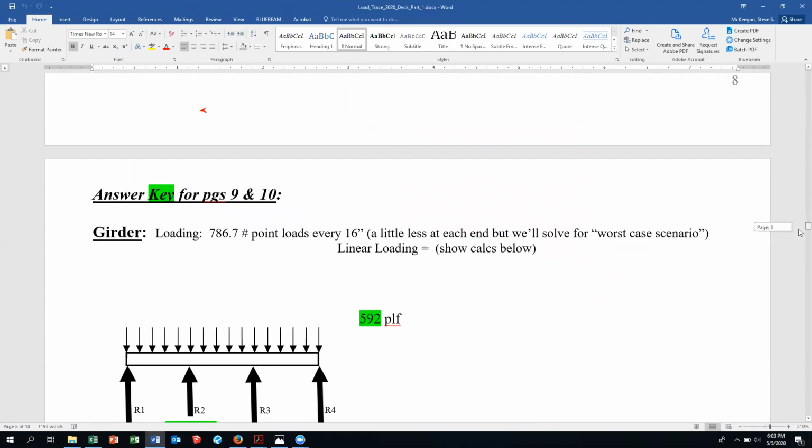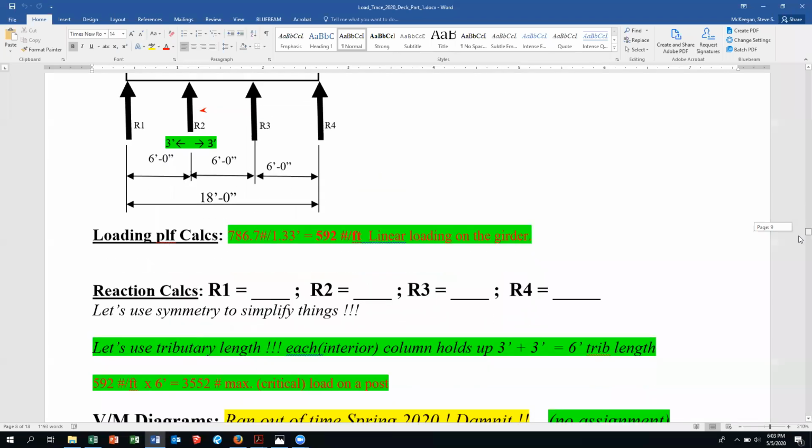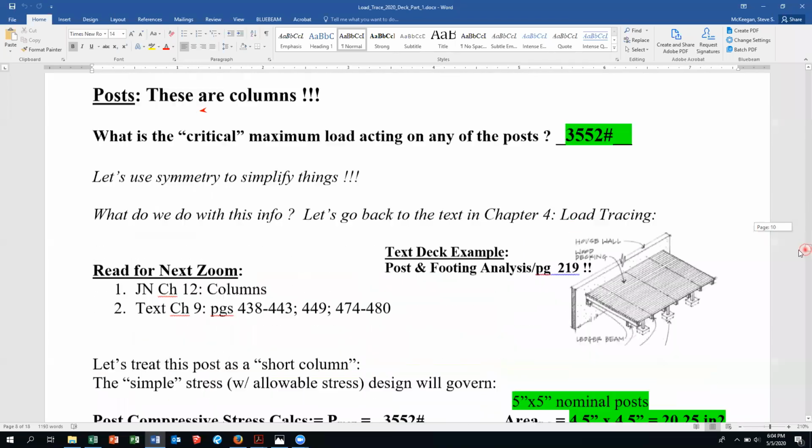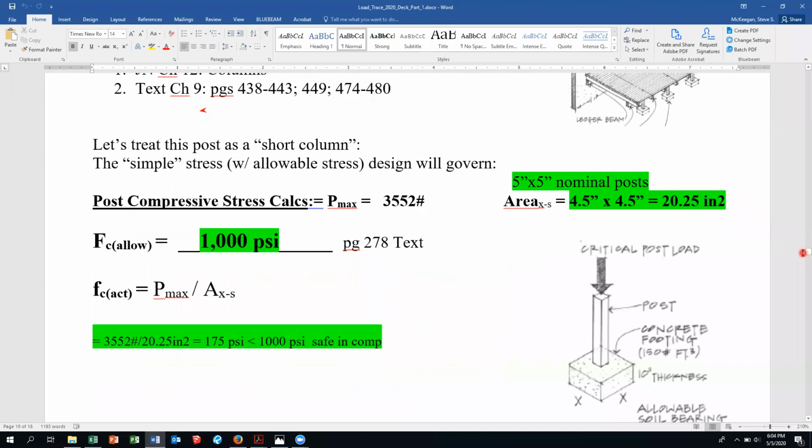So these are the answer key for pages 9 and 10. What we did is we assumed that they were short columns, and that because they were short columns, they were going to fail in compression. And that's a huge assumption. That's actually the easiest assumption. So we always start out with that.